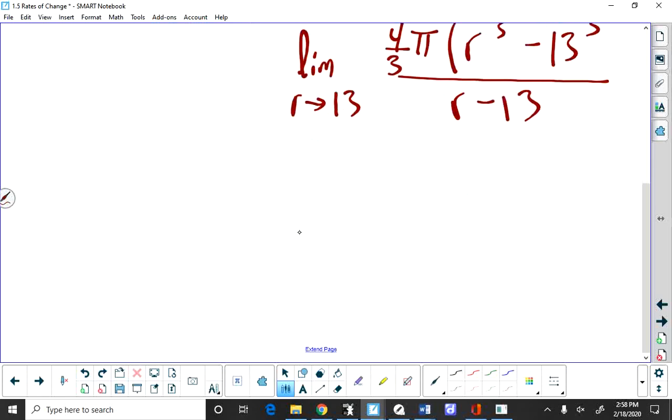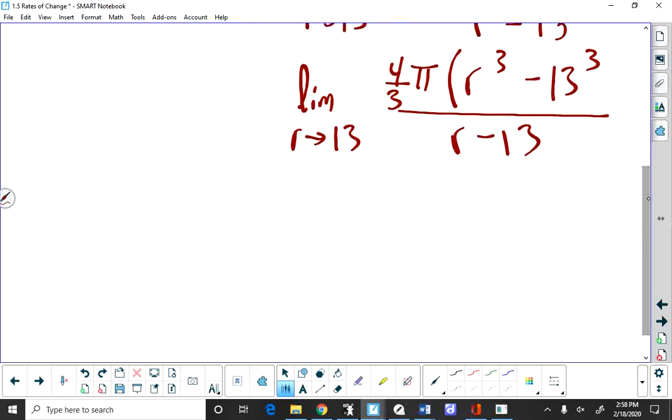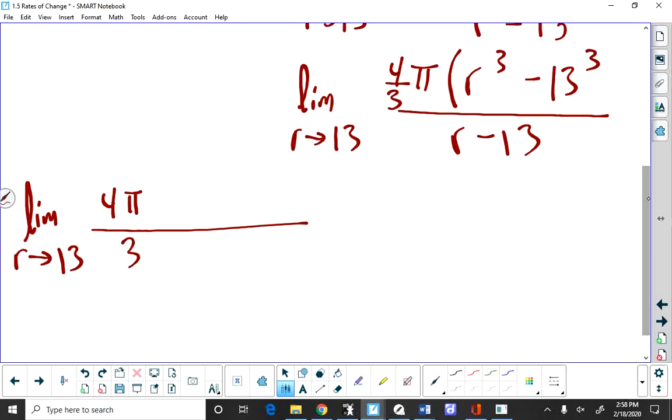And now we can go ahead and factor that difference of cubes to get the limit as r approaches 13 of 4/3 pi. I'm just going to write that 3 on the bottom, rather than writing 4/3 pi, I'm going to go 4 pi over 3. I also have an r minus 13 on the bottom.